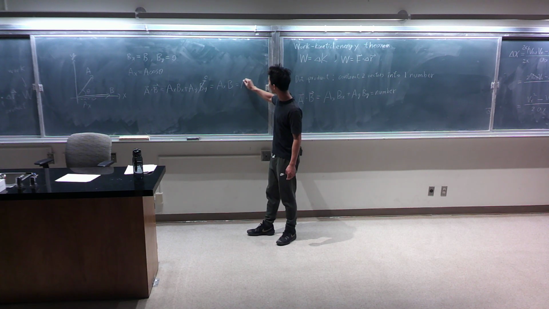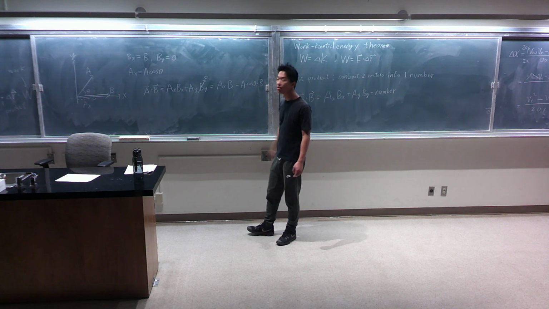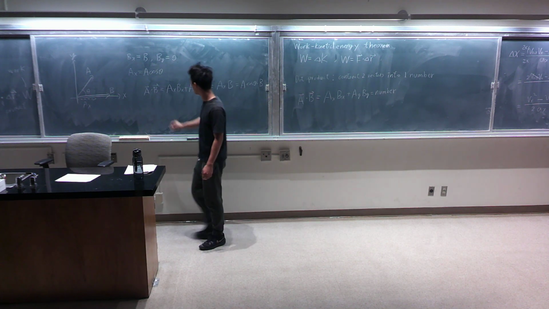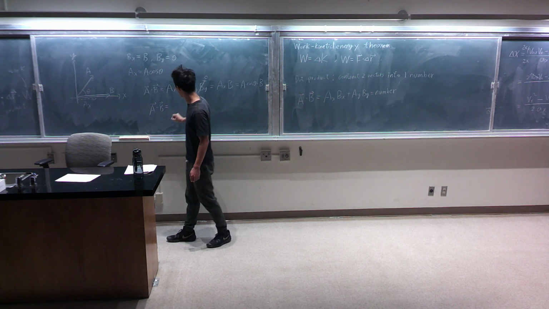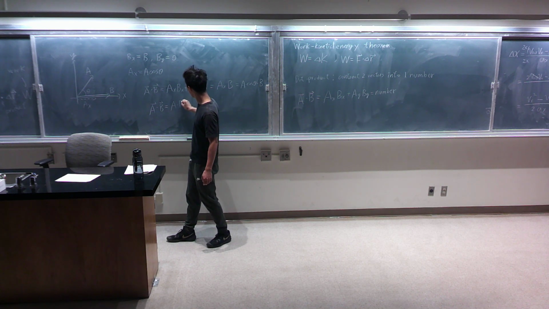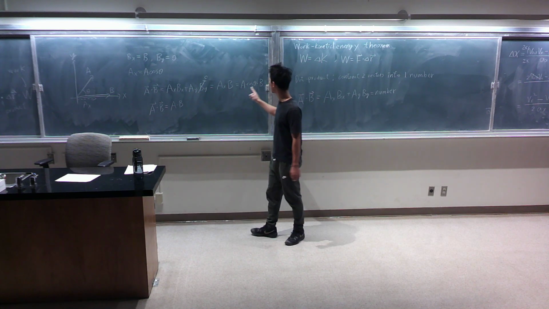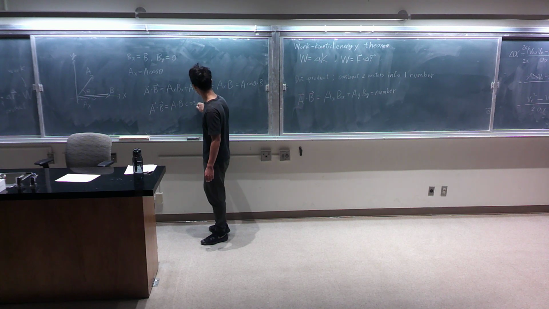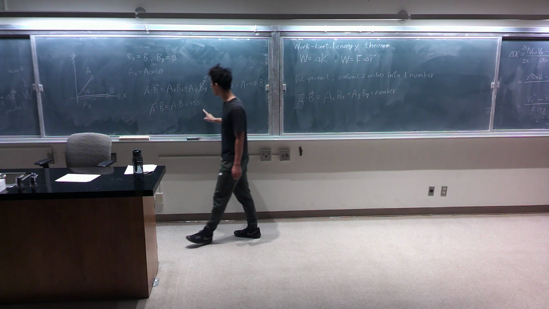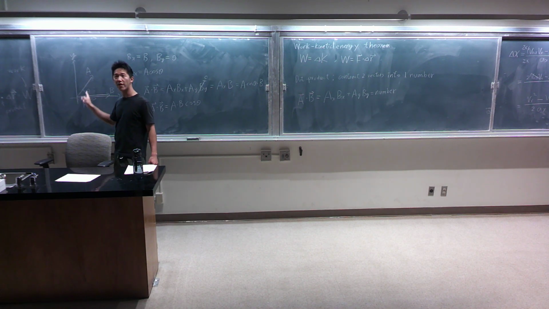So we get a times cosine times the magnitude of b, or we say the dot product between two vectors will also be the product of their magnitudes, but with a factor of cosine. This cosine is the angle between the two vectors when you are touching tails. You need to first touch their tails and then look at the angle between them.